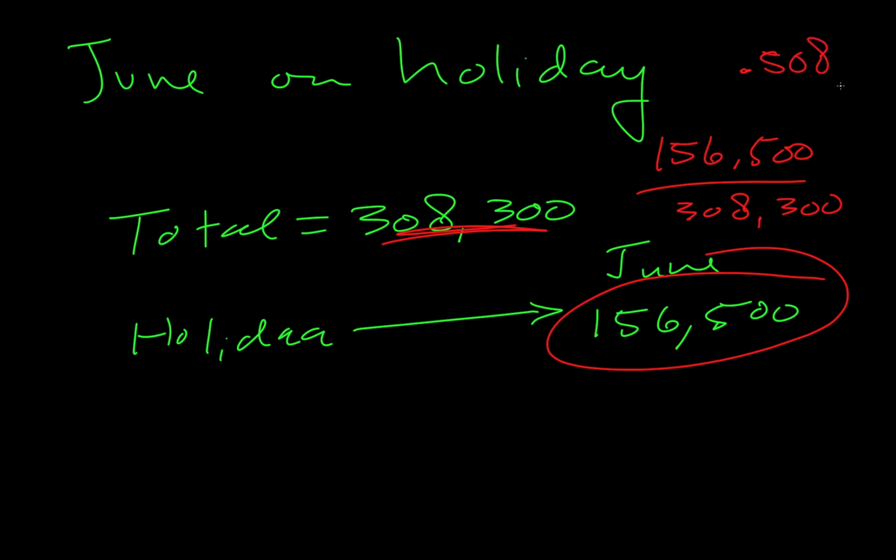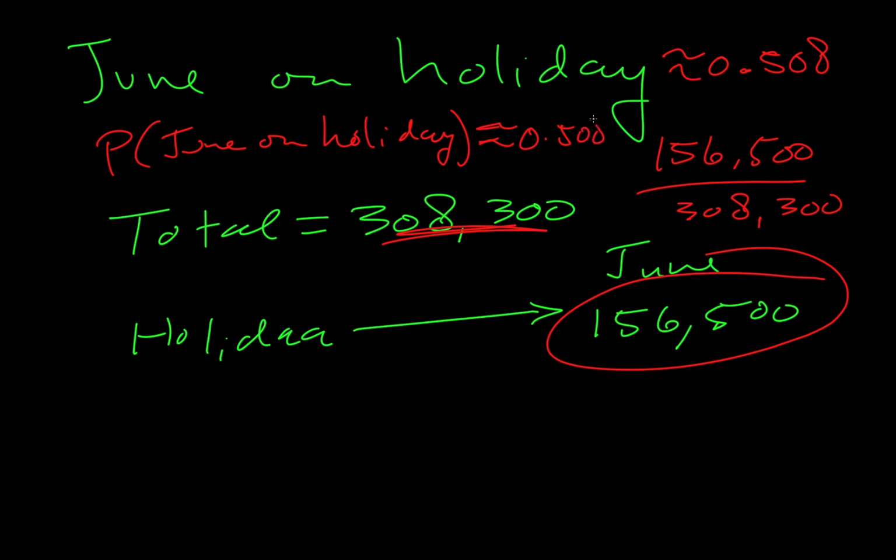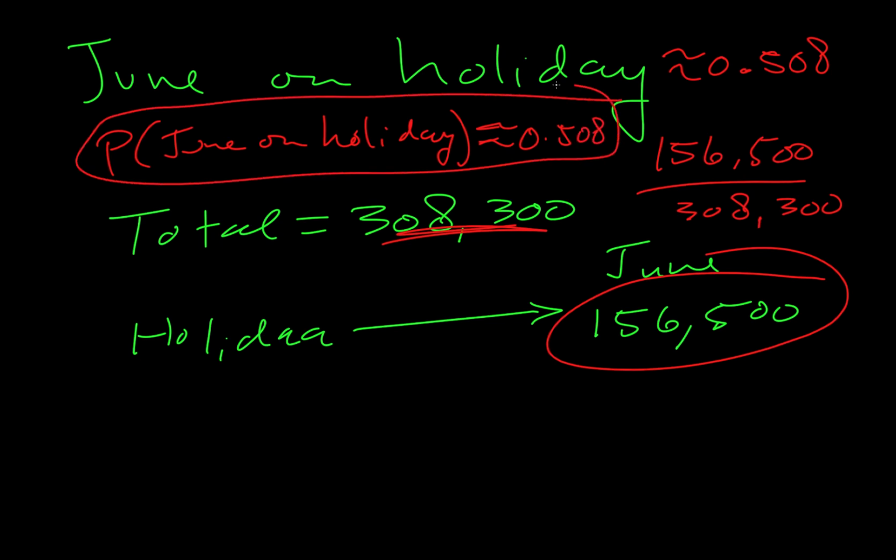Sorry, 0.508. Okay. So once again, it said estimate the probability that a person who visits in June is on holiday. So we could say probability June on holiday is approximately 0.508. Okay.